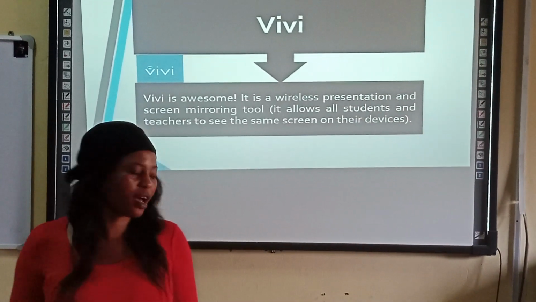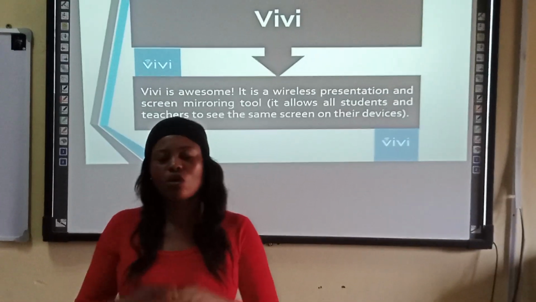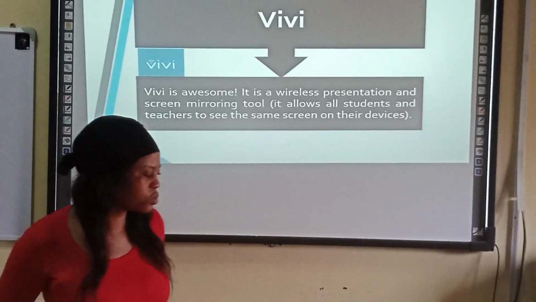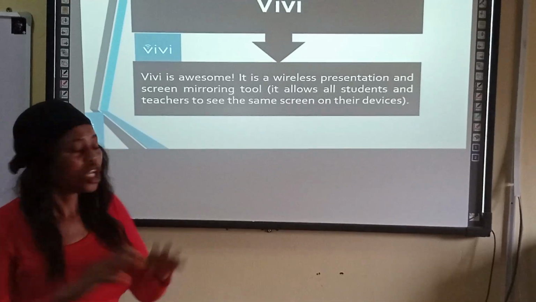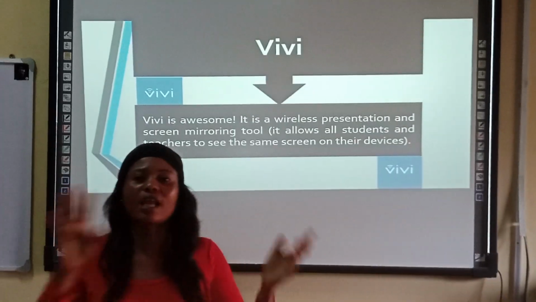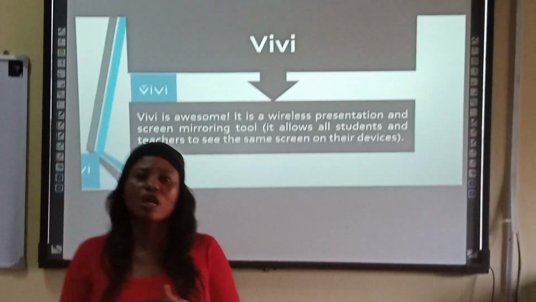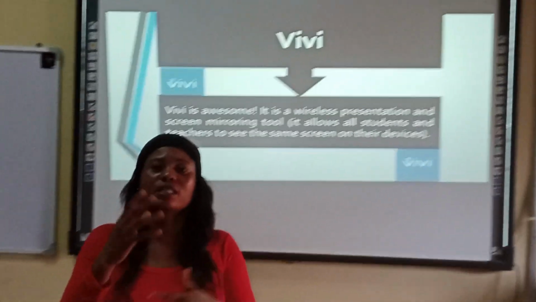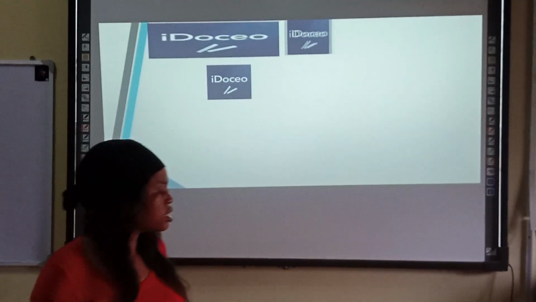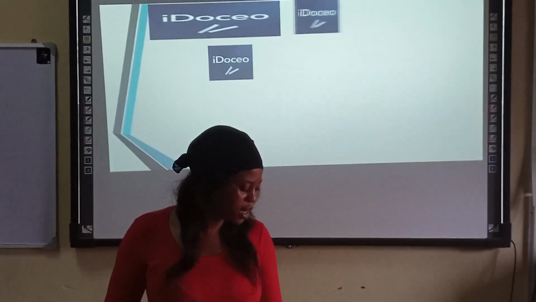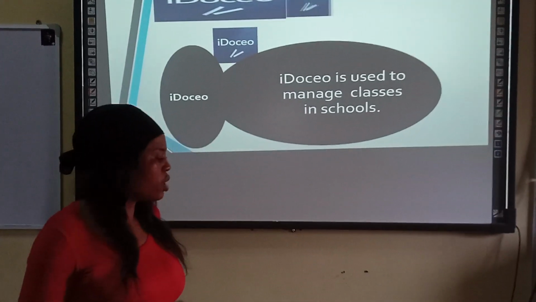Then we look at Viva. Viva is a very interesting software that helps one to monitor whatever he or she does. Teachers can allow you on the platform, and you as well can allow the teacher. You can interact and see what goes on in the platform. The next software that is very educative is Doodle. What does it do?